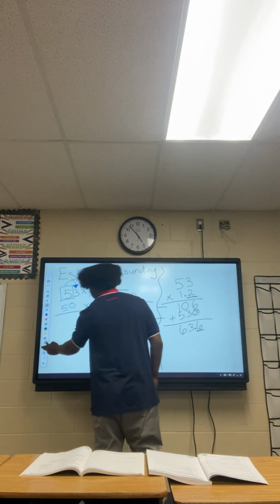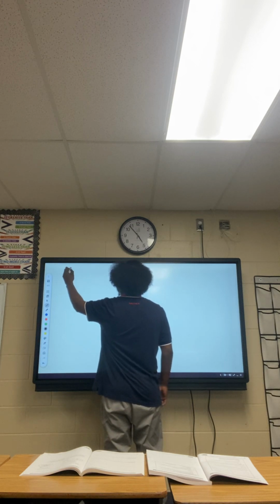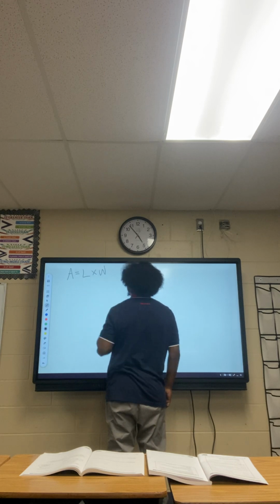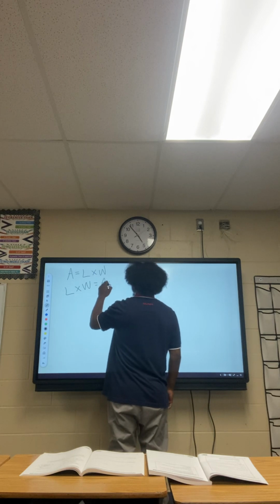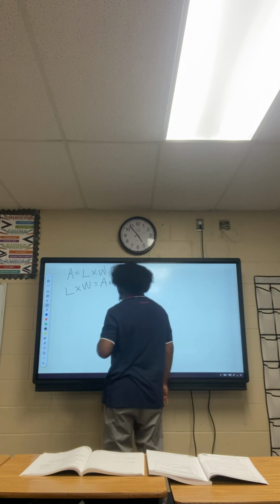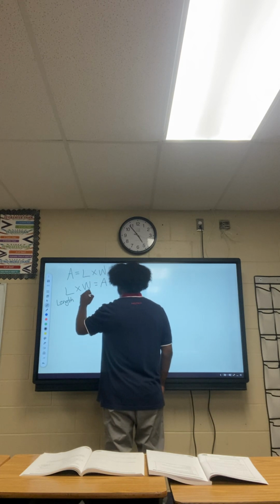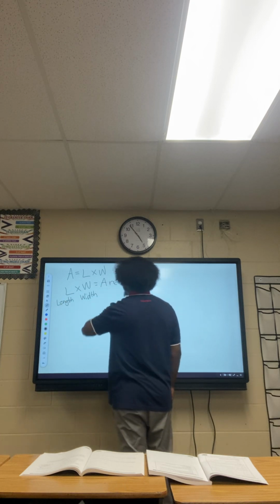Okay, so when looking for area, what's our formula? Our formula is A equals length times width, or length times width equals A, area. L stands for length, W stands for width, A stands for area.